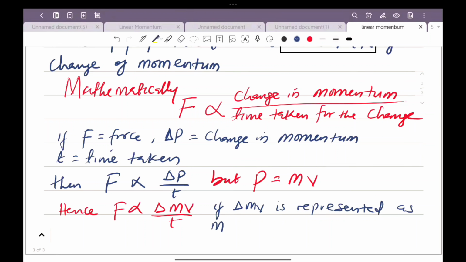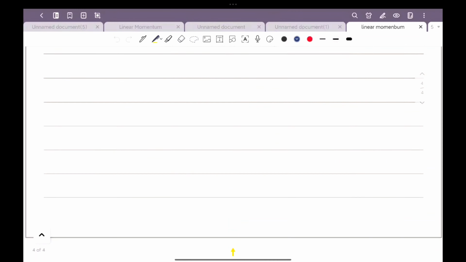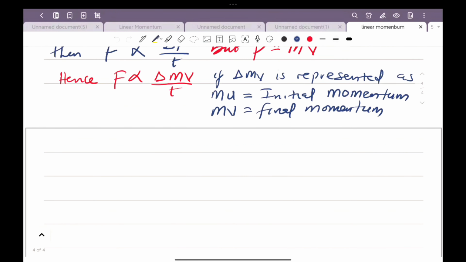Now, solving further, if the change in momentum is equal to mv, the final momentum, minus mu, the initial momentum, then substituting, what are we going to have?